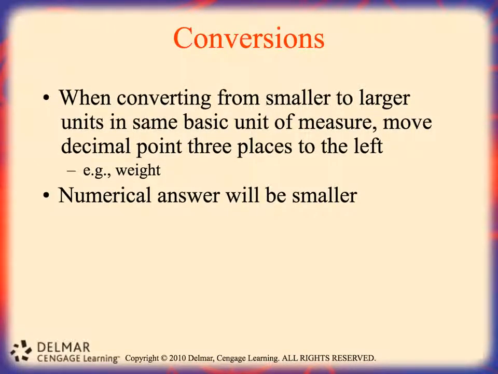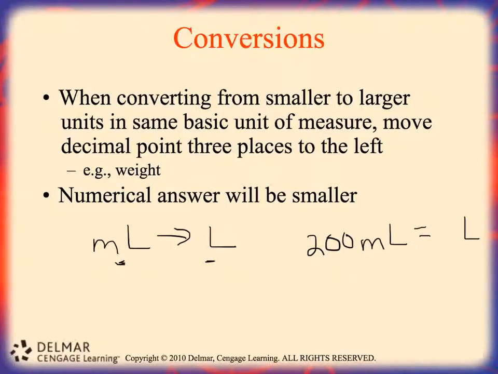When you're converting from smaller to larger units, so let's say we are converting from milliliters to liters, we're going from smaller to larger units in the same basic unit of measure. You're going to move the decimal point 3 places to the left. Your numerical answer, or the number you come up with, will be smaller. So let's say, for example, we had 200 milliliters, and we wanted to know how many liters that was.